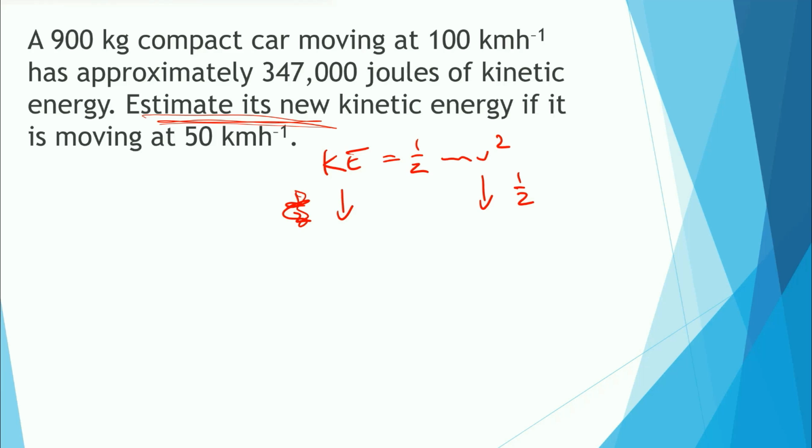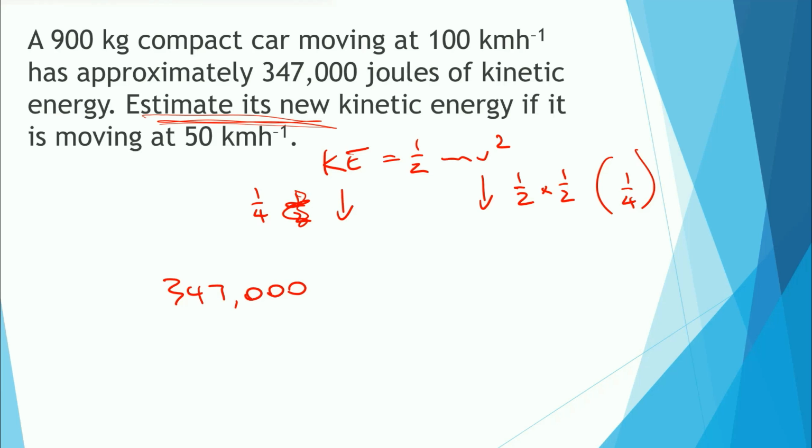No, no, no. Velocity is half, but remember, it's velocity squared. So it's actually half times half, which comes out at a quarter. So the velocity squared is going to be a quarter of the original value, which means the KE comes down by the same factor, so that's going to be a quarter of the original value as well.